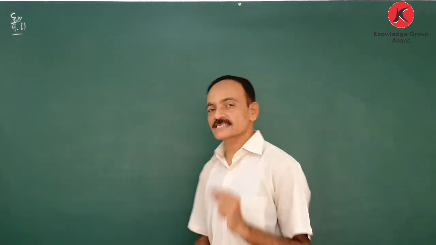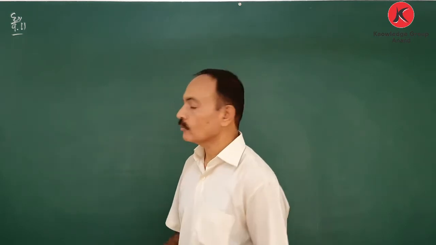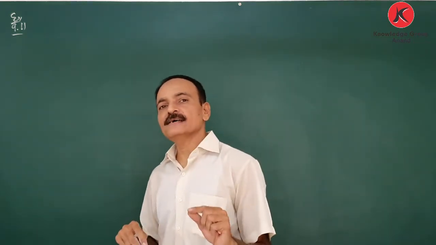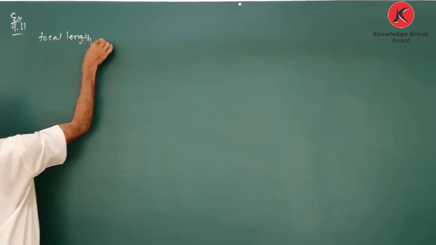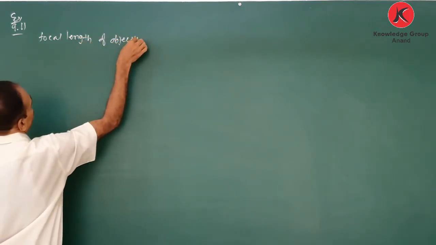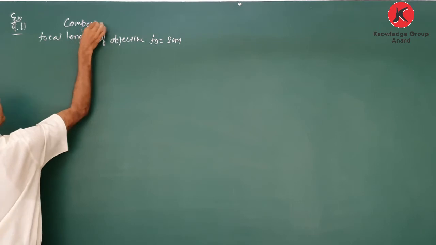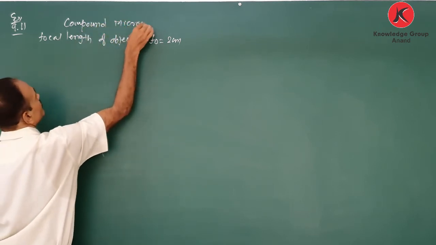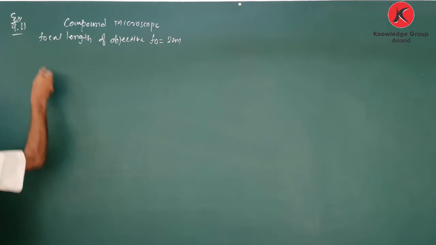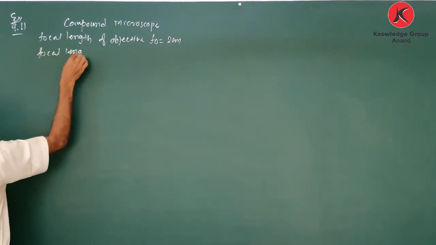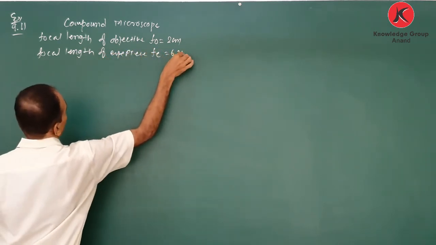Right? Now listen carefully. What is given in the question? A compound microscope consists of an objective of focal length 2 centimeter, that means the focal length of the objective FO is 2 centimeter, and the focal length of the eyepiece FE is given as 6.25 centimeter.